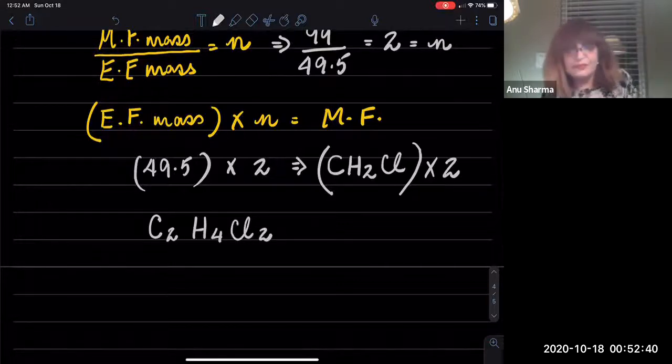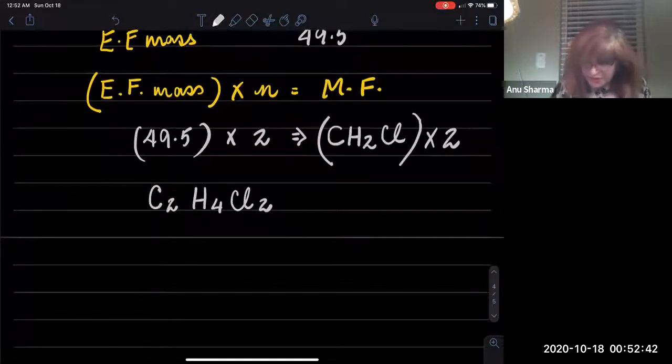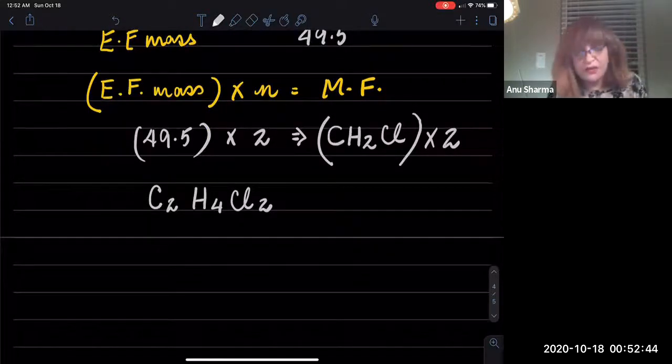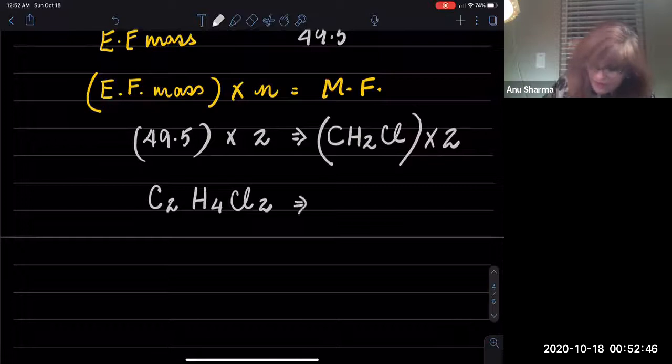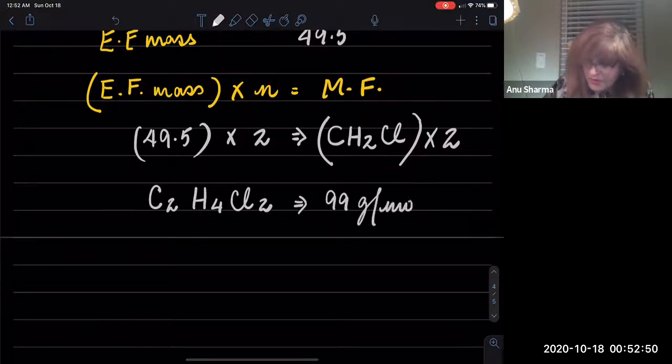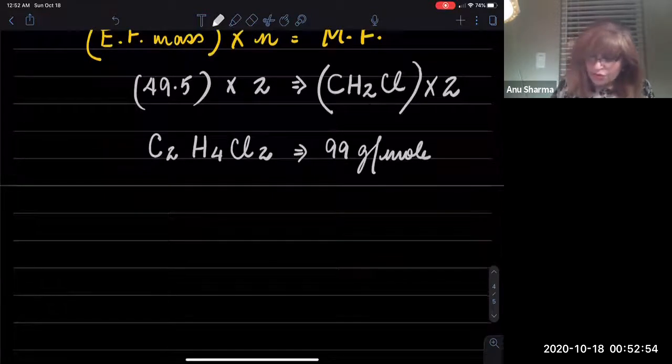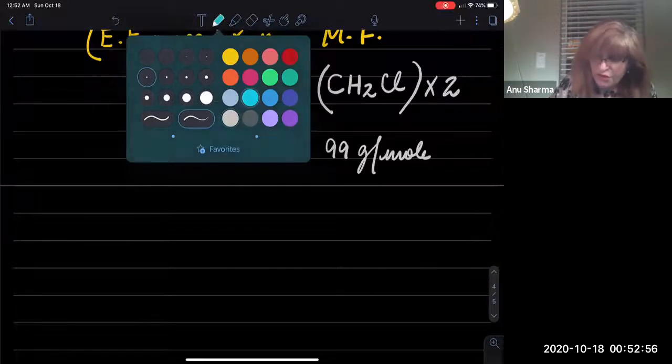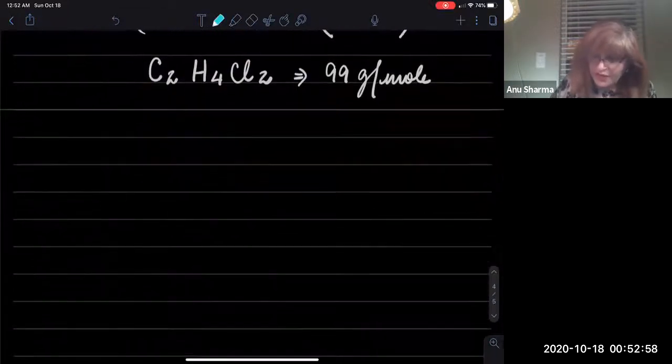Now this makes more sense because there's connectivity. First of all, this should equal 99 grams per mole, so you can check that way. Another way you can check is to draw a Lewis structure and see if it makes sense. And it does.